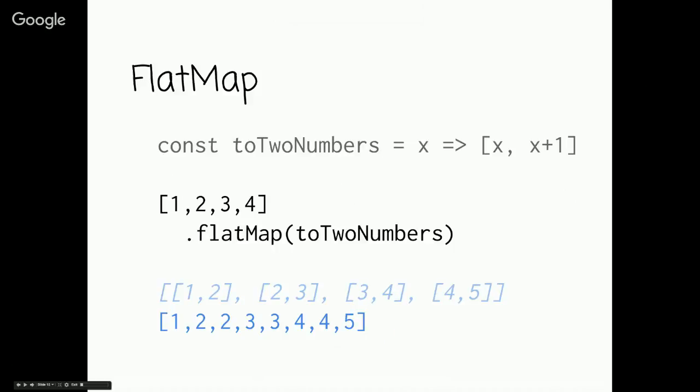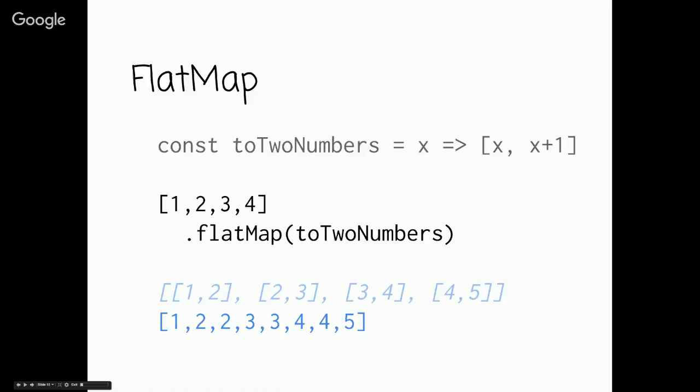Flat map, you might not be familiar with. It's not in JavaScript, but what it does is you pass in a function which returns the collection itself. So what you then have is a collection of collections, which then get flattened. So in our case, if you pass in a single x into a function called to 2 numbers, it returns an array with x, and then the same number plus 1.